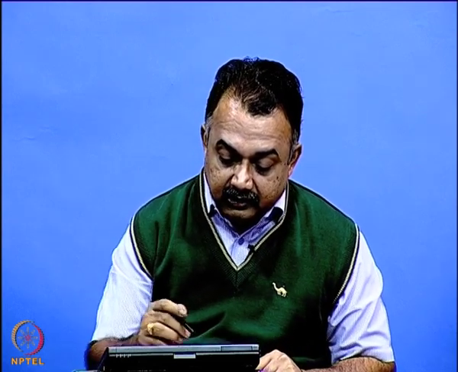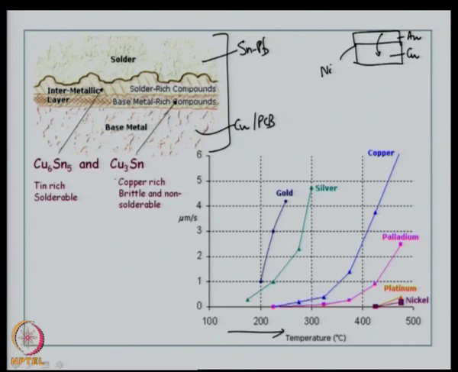If you look at this picture as a cross section, close to the base metal you will have base metal rich compounds, typically Cu3Sn. Then on the solder side, you will have solder rich compound, typically Cu6Sn5. Cu6Sn5 is solderable, Cu3Sn is brittle and non-solderable.